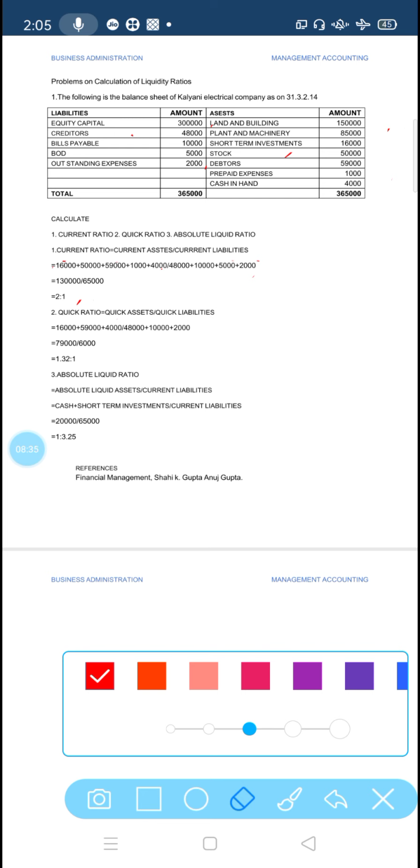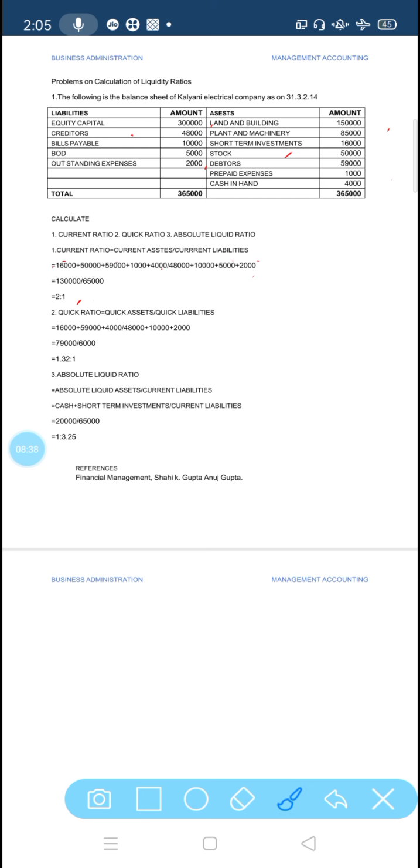So 16,000 plus 4,000 is 20,000, and the current liabilities, which we calculated in the current ratio, is 65,000. If we divide 20,000 by 65,000, or find the proportion, we will get 1:3.25. So the absolute liquid ratio is 1:3.25.